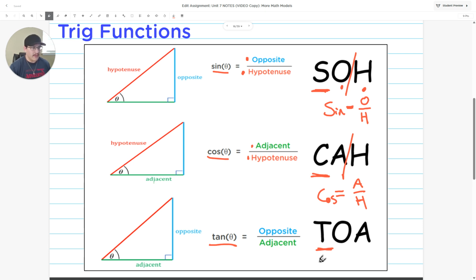And then TOA represents tangent, with the opposite over the adjacent. So T equals O over A. TOA. Oh, no, that's wrong. Sorry. That should be tangent, T-A-N for that part. Okay, so just some, I forgot what the phrase is called, pseudonyms or something. Maybe something else to kind of help you with memorizing what sine, cosine, and tangent ratios are.